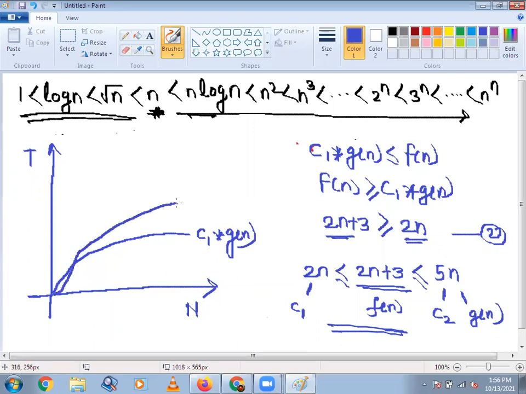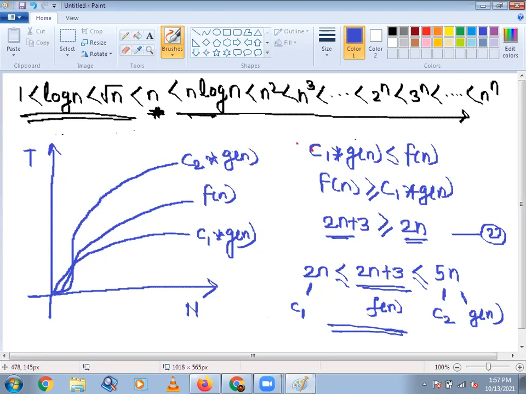This is the function f of n. This is c2 into g of n.